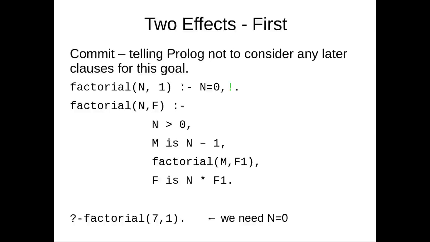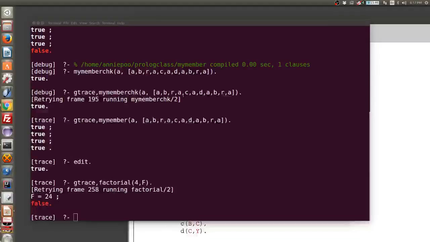By the time we've found that n is 0, we don't need that clause for this iteration. We're going to use the upper clause. So we can put a cut in and avoid a spurious choice point. Okay, does that make sense to everybody? That first effect?